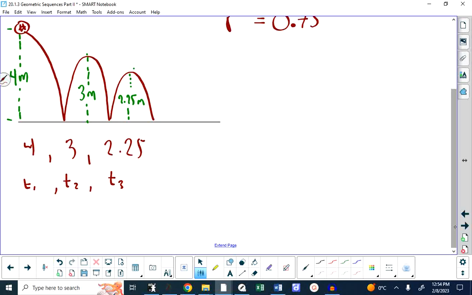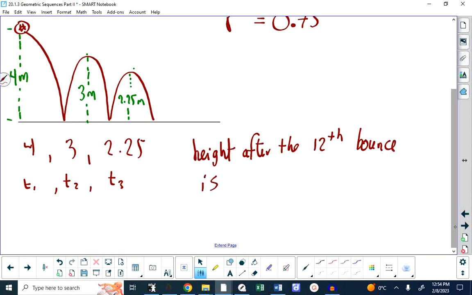So if you set it up this way, and I'm asking you not to write anything down just yet, then the height after the 12th bounce is T13.